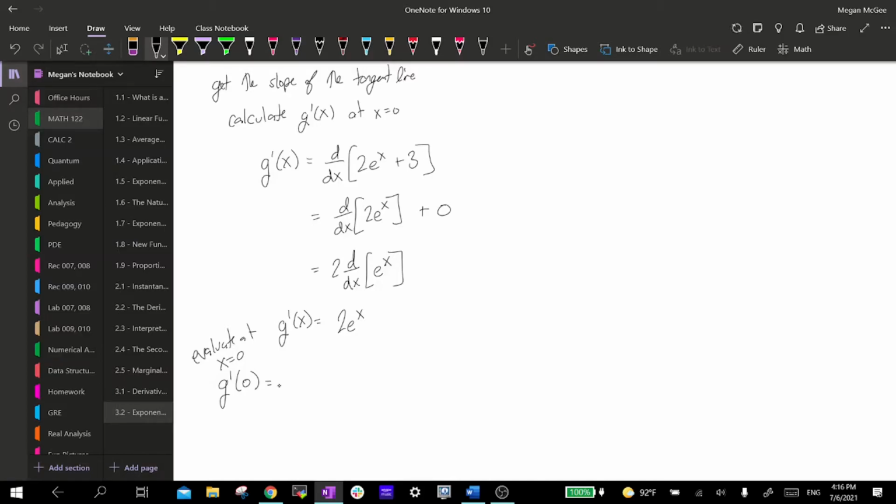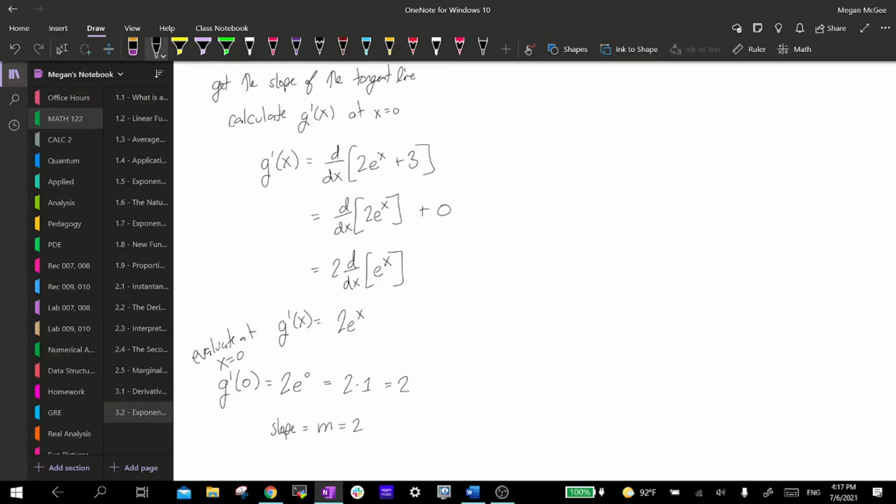So g prime of 0 is 2e to the 0. And anything raised to the power of 0 gives you 1. So this is really just 2 times 1, so we get 2. So our slope, which we normally use the letter m for, is 2.